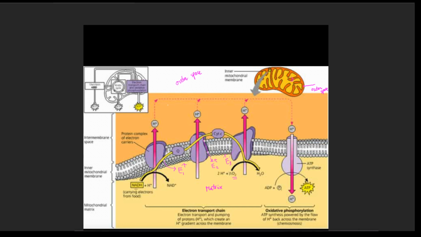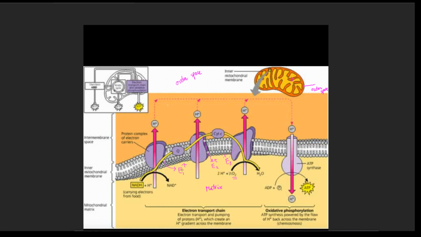The special thing about this process is that each time an electron is passed from one molecule to another, a small amount of energy is released, because the energy levels of NADH and the members of the electron transport chain are different.